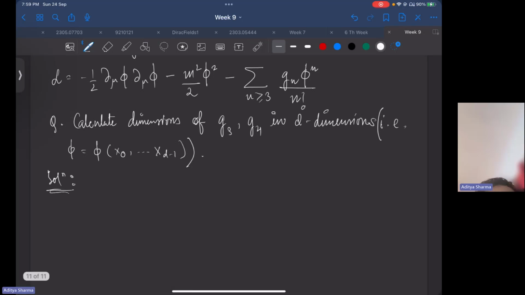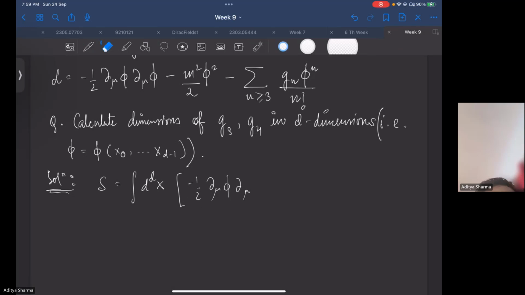So we'll start with the action. Action can be written as the integral of dx of the Lagrangian density. And in the Lagrangian density, we have G3.